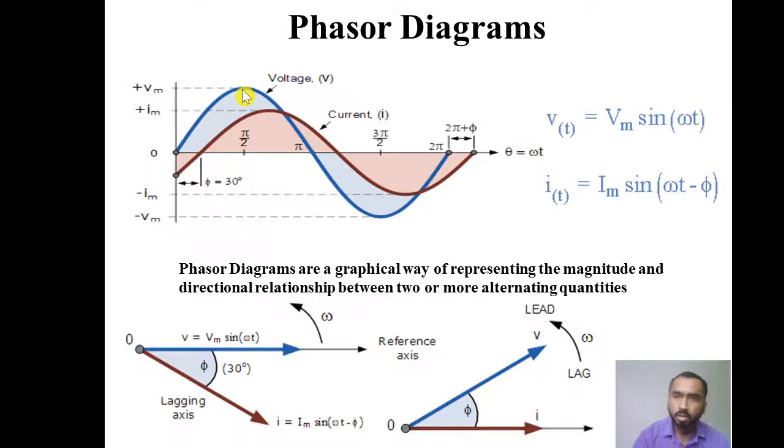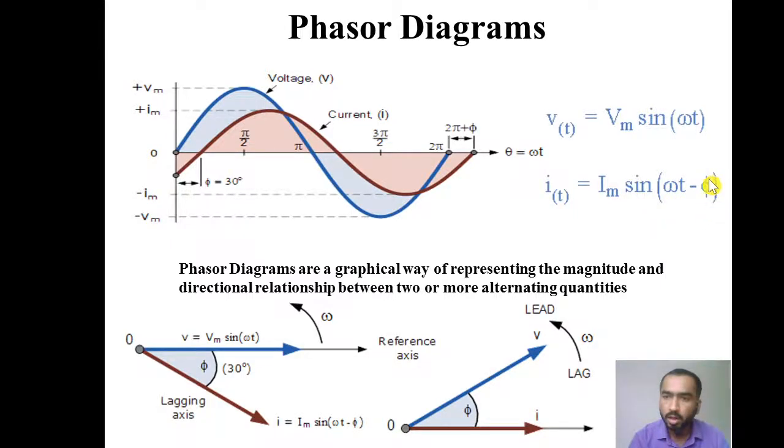Okay, now see, this is the equation of current. This is the instantaneous current, so we say I of t. Similarly, it is the maximum current multiplied by sine in brackets omega t minus phi.